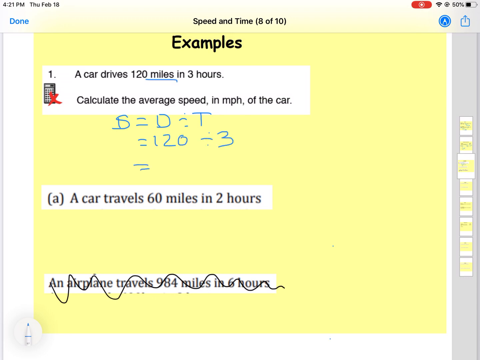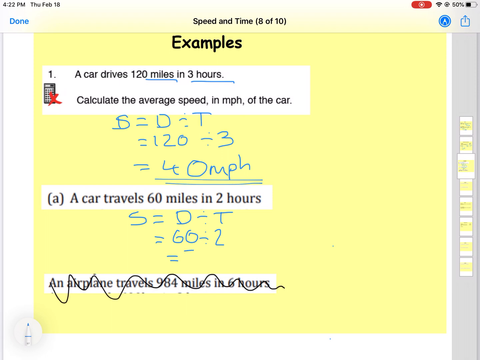We're looking at miles and hours, so it's got to be miles per hour. 120 divided by 3 is 40, and put our miles per hour on the end. Again, the same calculation for this next question, distance divided by time. So 60 miles divided by 2 hours gives us 30 miles per hour.